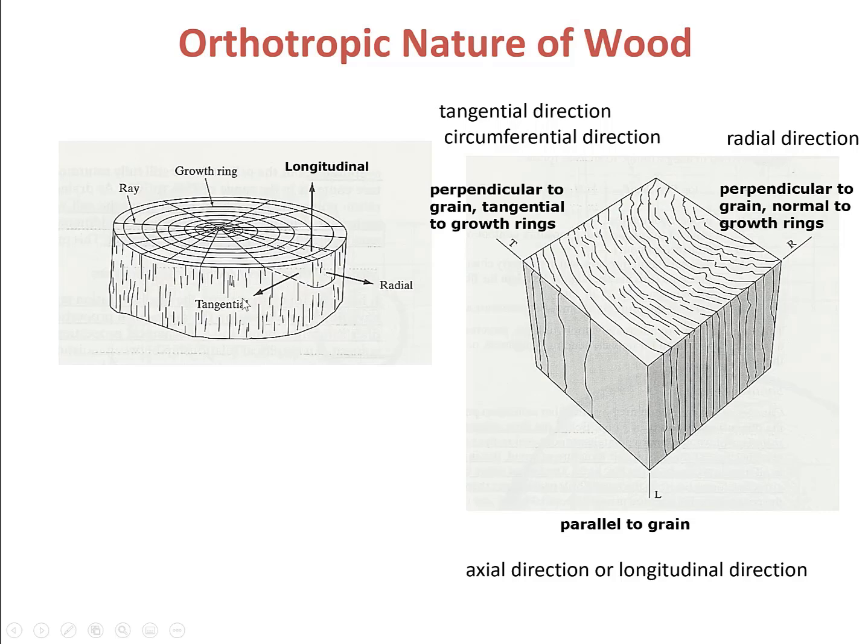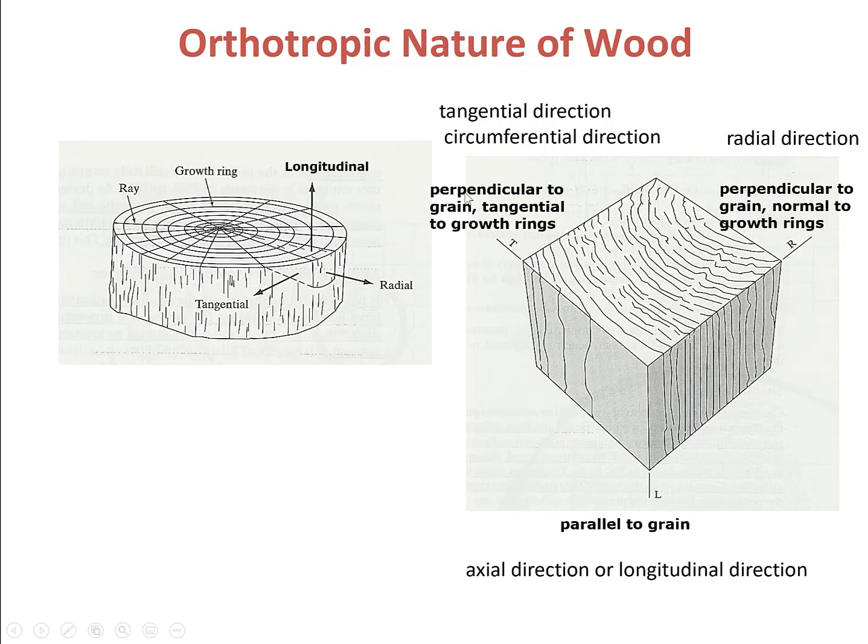And these two directions, tangential direction and the radial direction, are perpendicular to the grain. So here you can see these are the growth rings, and this is the grain. So parallel to the grain, we get the axial direction or longitudinal direction L, and the T direction and R direction are both perpendicular to the grain.